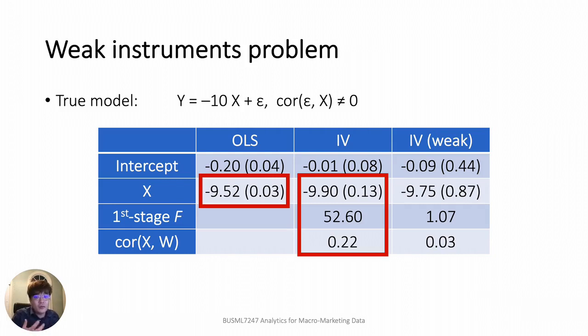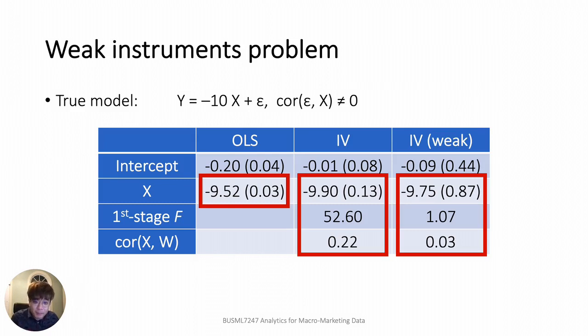The correlation with the endogenous variable is just 0.22, but the first stage F statistic is 52.6, which is usually very significant. But when I use the variable with a huge noise as the instrument, the estimate still differs from the true value. That is, the endogeneity bias still exists.